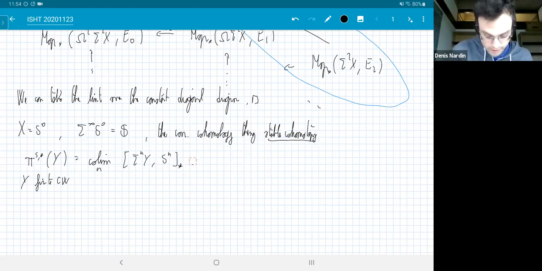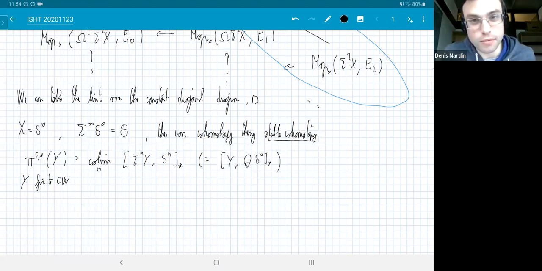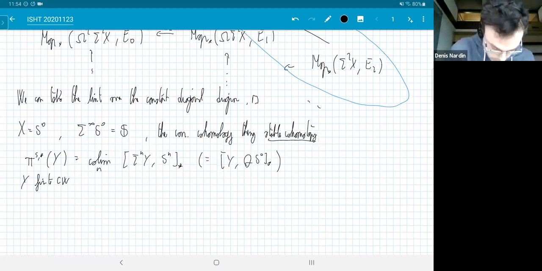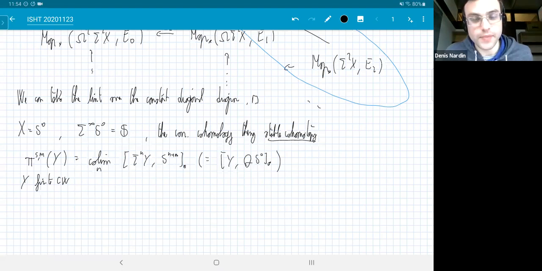I mean, of course, secretly this is maps from Y to QS naught, which is, of course, the definition that we would like to take. And that's the only one that I know that has even a name.